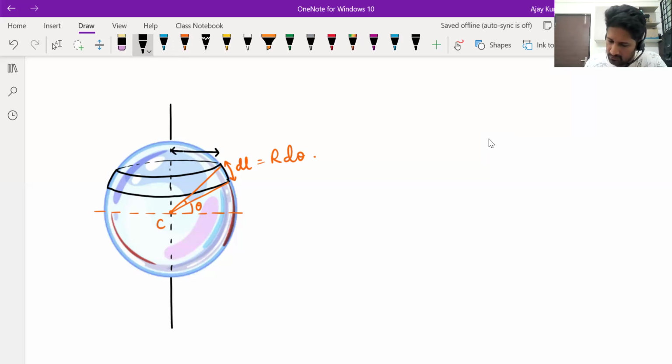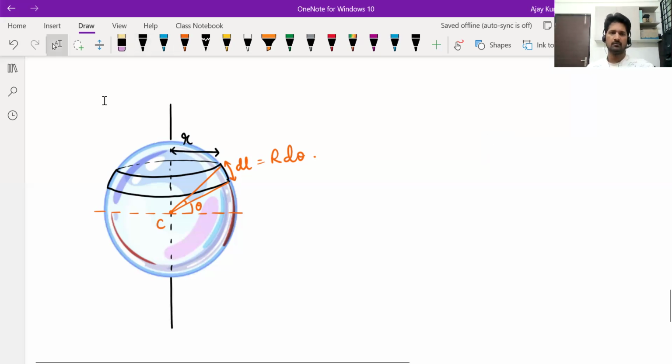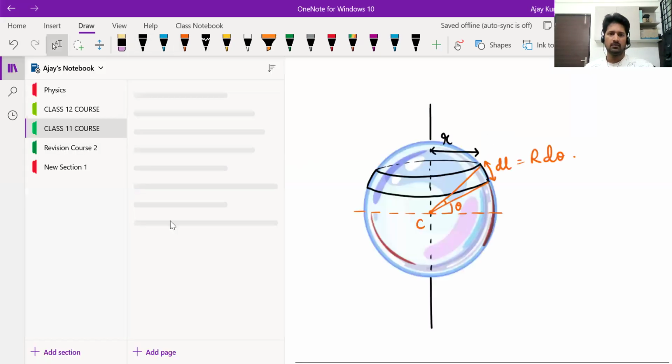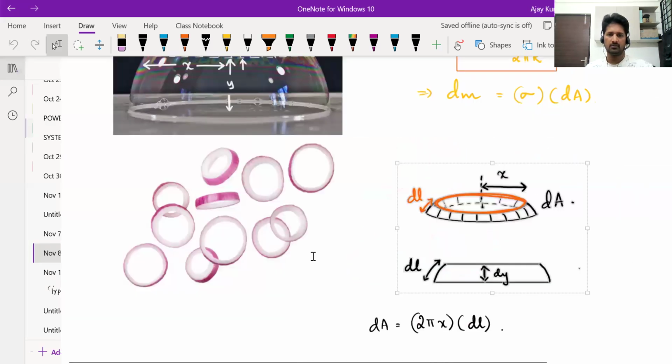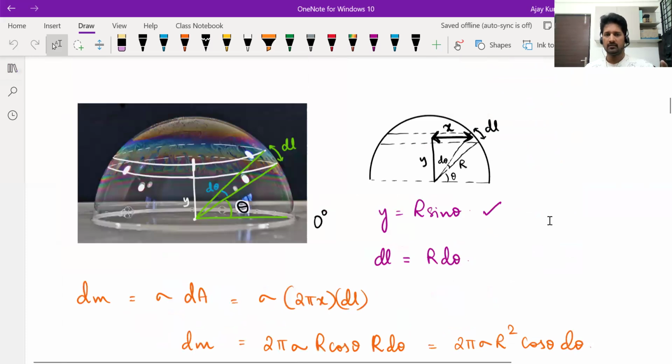Can one of you tell me how small r can be expressed in terms of capital R and theta? We had done the same here also. We took help of theta. There we called that radius x. What was x in terms of capital R and theta?